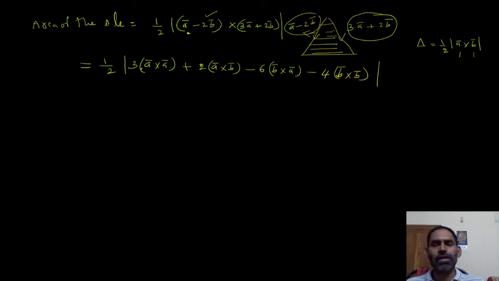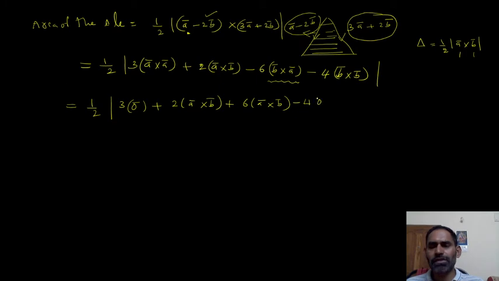You know a bar cross a bar is 0 bar. Similarly, b bar cross b bar is also 0 bar. So 1 by 2 into modulus of 3 into a bar cross a bar is 0 bar, next plus 2 into a bar cross b bar. Here, b bar cross a bar I am writing as minus of a bar cross b bar, since you know the formula. So minus minus plus 6 into a bar cross b bar.